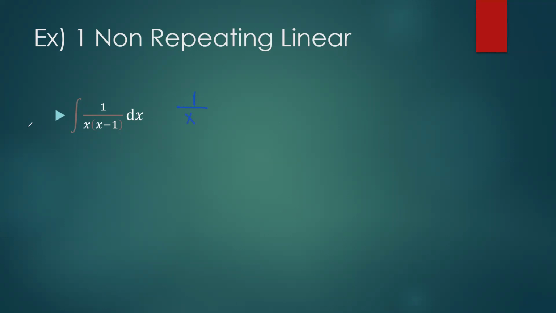How about this color? 1 over x times x minus 1. And this x gets by itself, and then x minus 1 is a non-repeating linear factor, right?